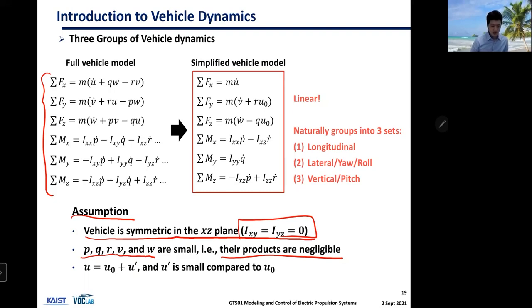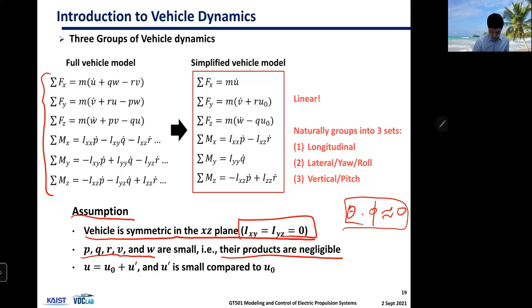So, say small angle, theta times, I don't know, phi equals close to 0, kind of thing. And if you apply that, their products can be negligible.